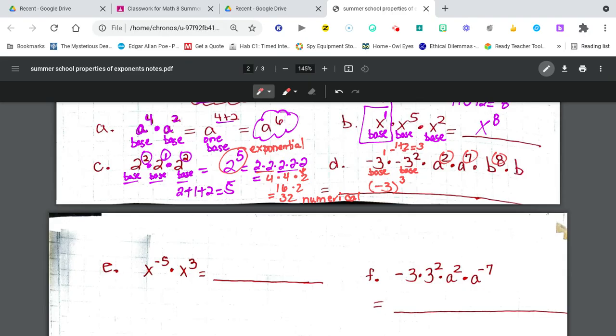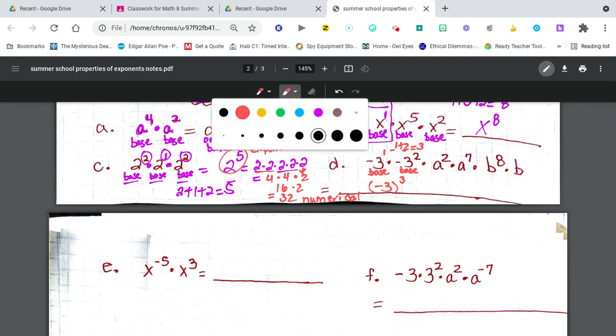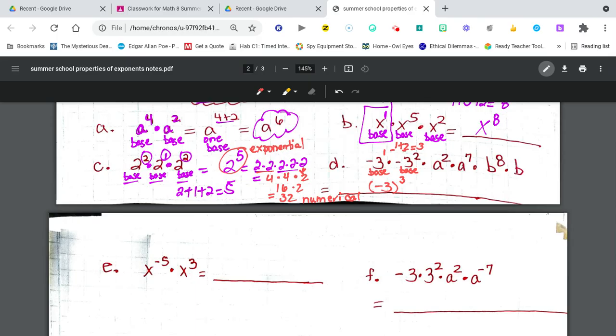Now, what you cannot do is go through and say 1 plus 2, plus 2, plus 7, plus 8, plus an understood 1. You can't add all the exponents you see together, because the -3 only matches another -3. You can only put 1 with 2 because they're the only bases that are -3.